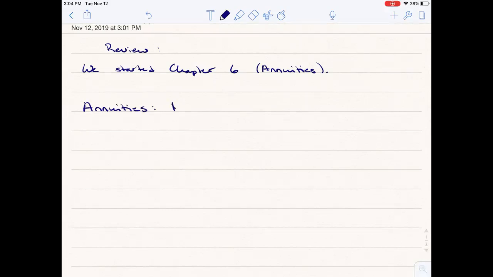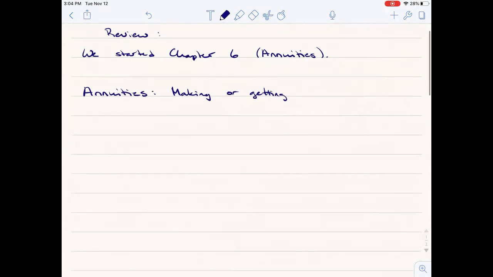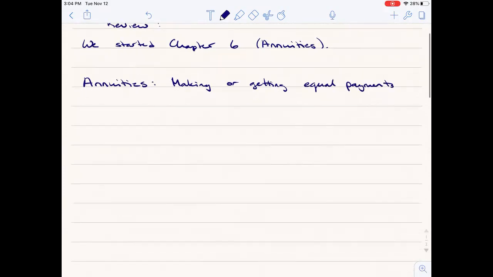Annuities are when we're making or getting equal payments at regular intervals, right?